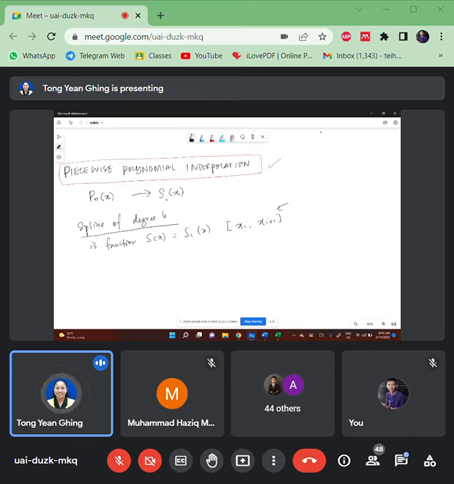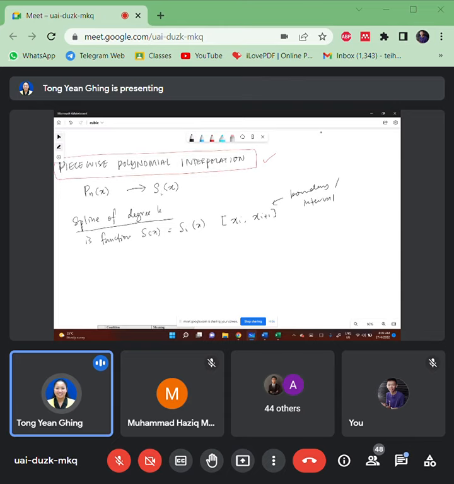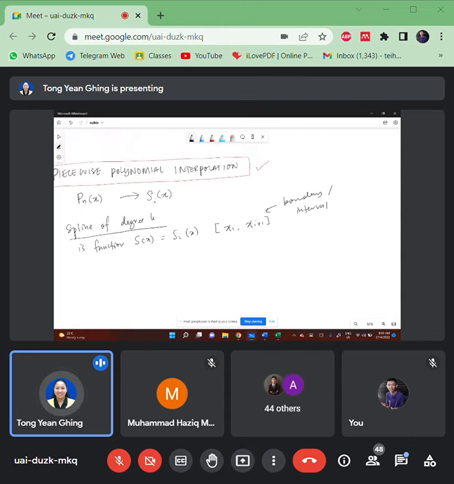This is the interval, the boundary, like when we have a graph. This part I explained extra compared to the video. For those who haven't watched the video, go back and watch it.